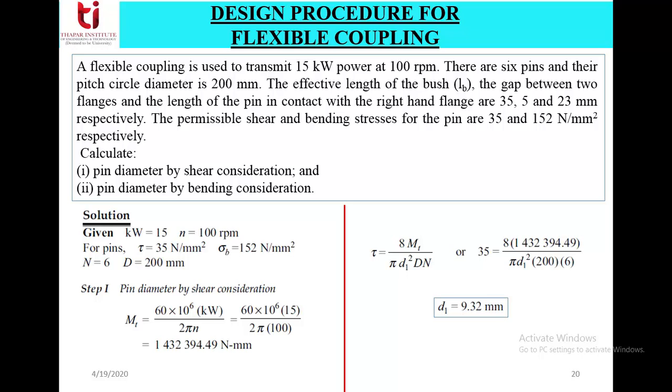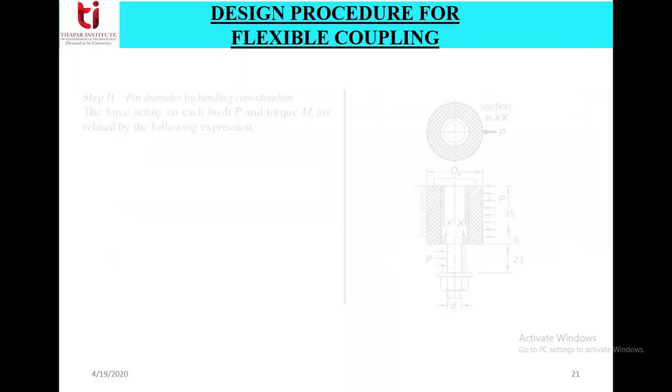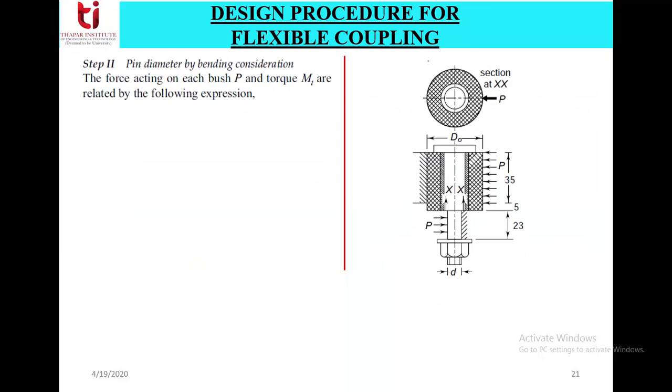What will happen when we talk about the bending consideration? Please have a look at the diagram very carefully. This is a pin cross section, and this is a bush which will apply a uniform pressure. There will be a force acting on each bush, and there will be a torque Mt, right?